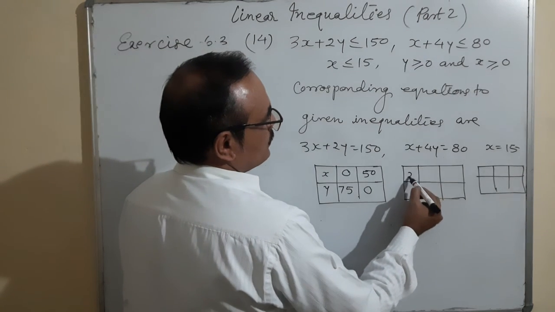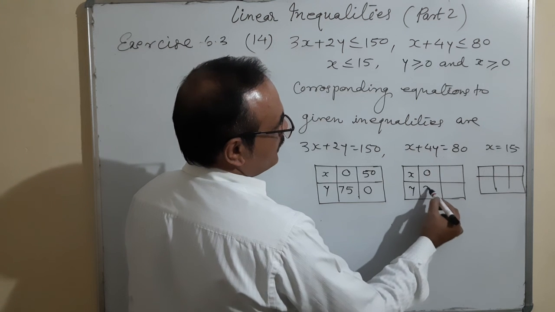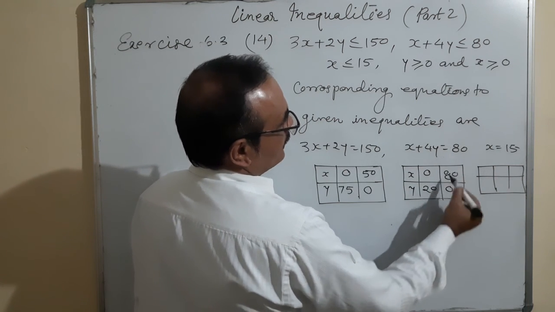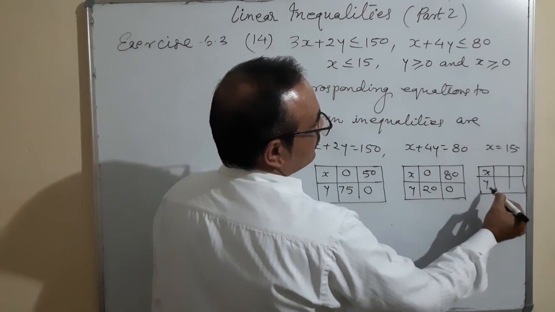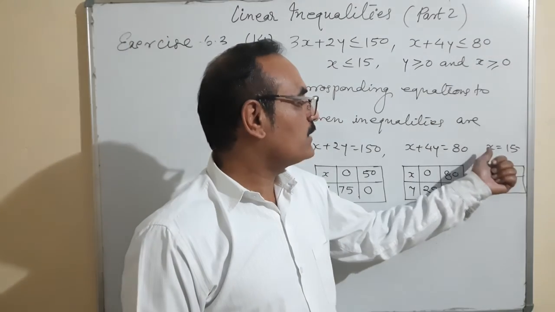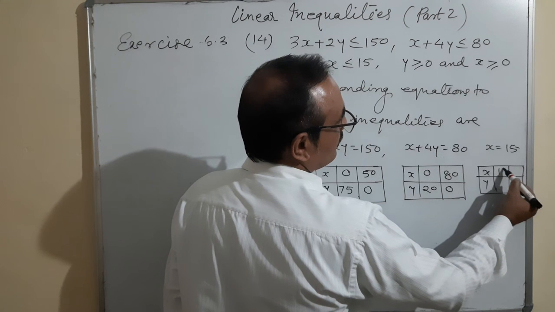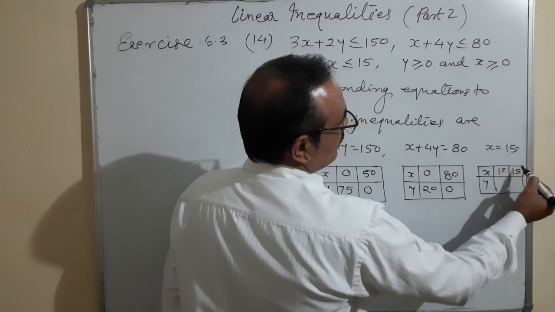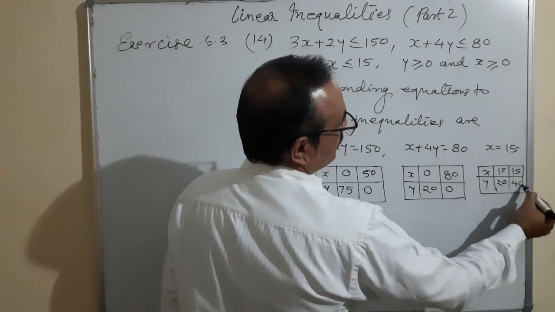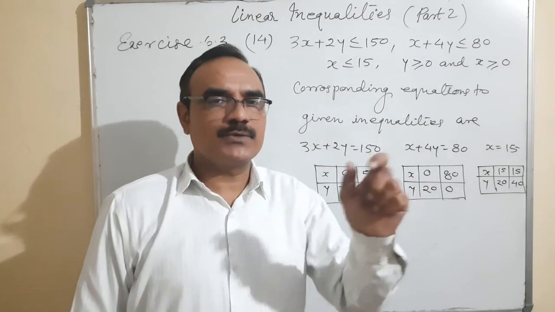Here x is 0, y is equal to 20; y 0, x is equal to 80. Here, x is equal to 15, parallel to the y-axis. You are aware of that: x plus 0 into y, y can be anything, but x is 15 only. We'll write here 10, 20, whatever it is, 20, 40. I have taken 20, 40 because we'll take a scale of 1 unit equal to 10. Okay.